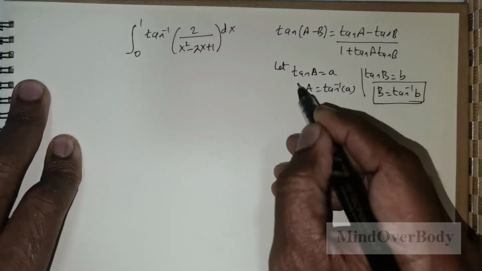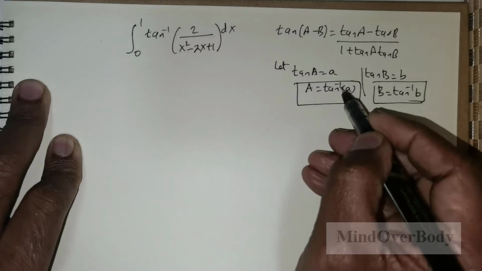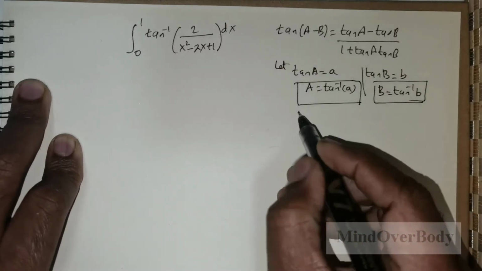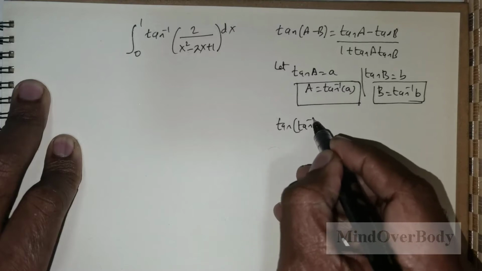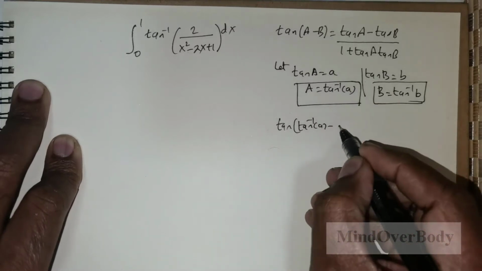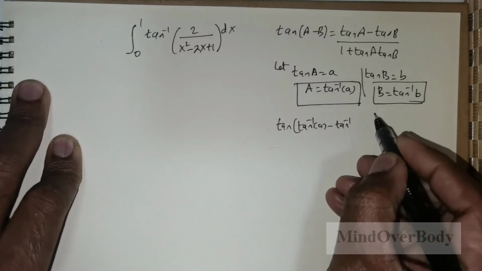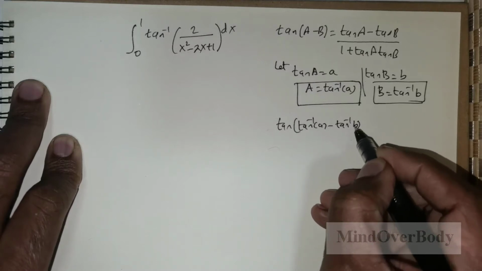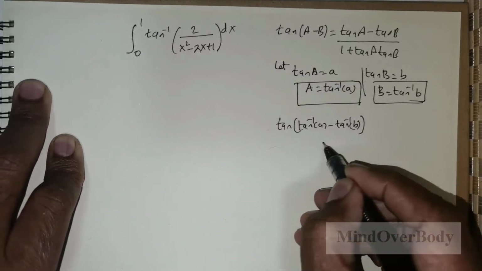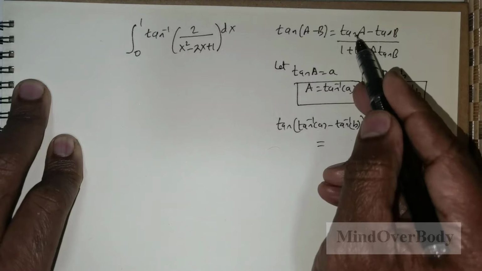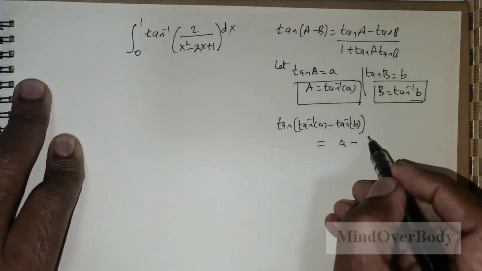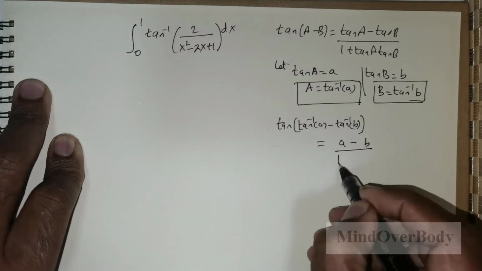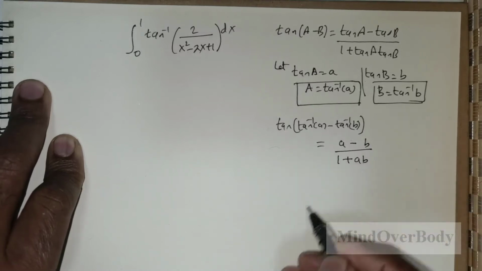So what I would do is substitute tan inverse of a in place of A, and tan inverse of b in place of B. Of course, it's lowercase a and b. Now, this is equal to, in place of tan A, you substitute a, in the place of tan B, you substitute b, divided by 1 positive a times b.